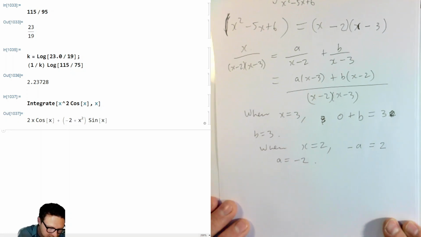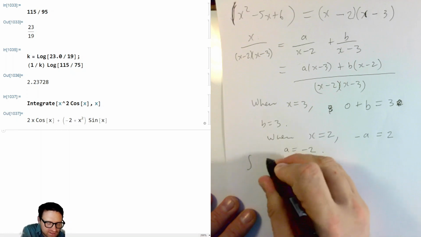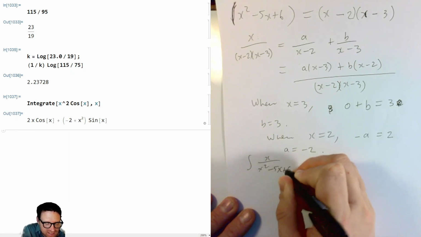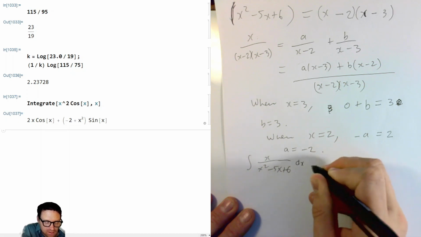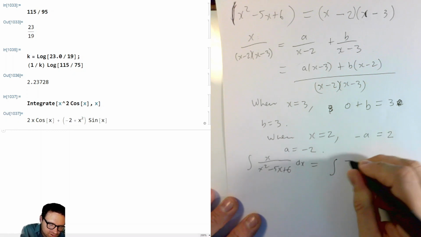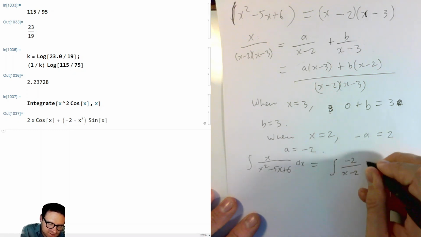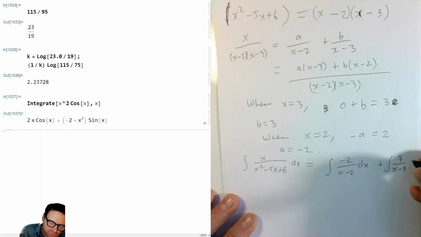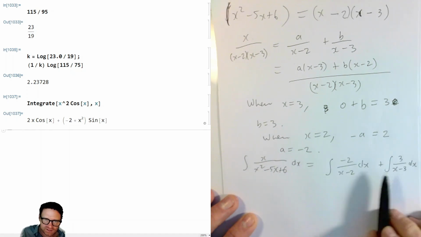Okay, so this tells us that the integral of x over x squared minus 5x plus 6 is equal to the integral of minus 2 over x minus 2, and then plus the integral of 3 over x minus 3. And now these two integrals are easy.